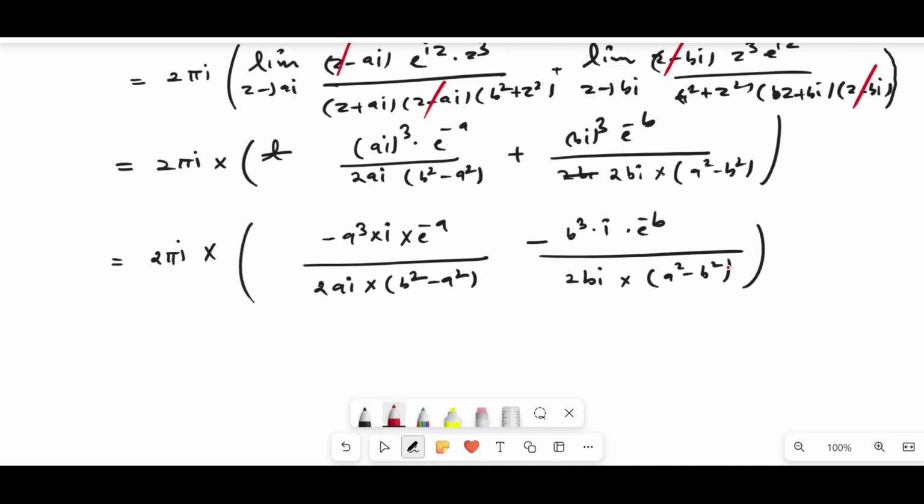So you can see i and i get cancelled out, one a will be cancelled out, it will give 2. i and i get cancelled out, one b cancelled, it will give 2 here.